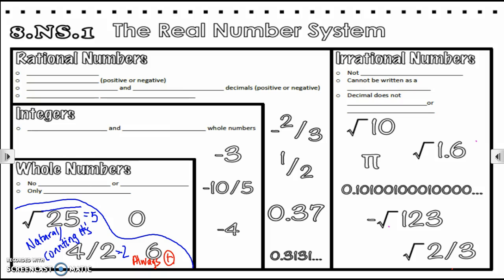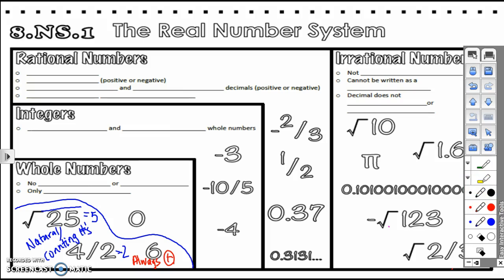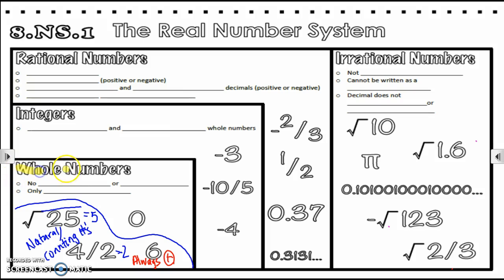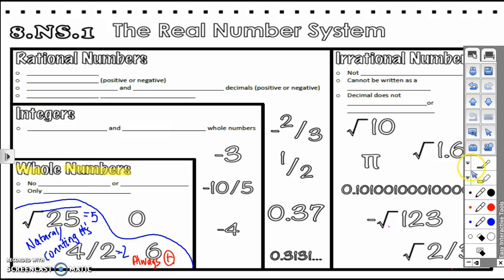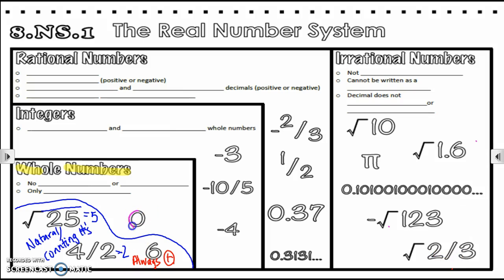Now, the next section you'll see here are whole numbers. So whole numbers include all of those natural numbers, but they have one extra addition, and the extra addition is the number 0. The way I like to remember whole numbers is that the 0 and whole, it's really an O, but it looks like a 0.